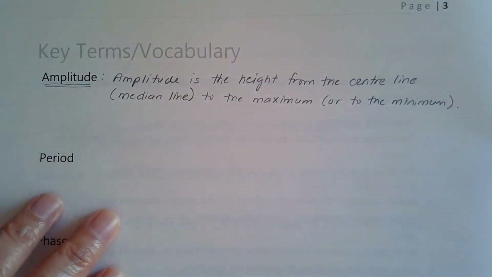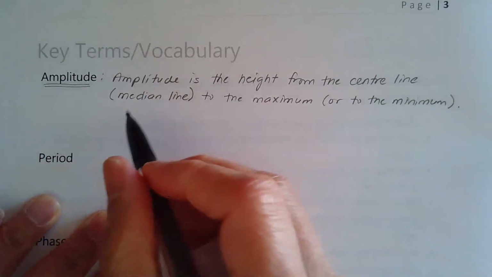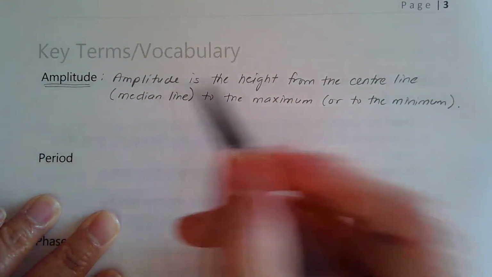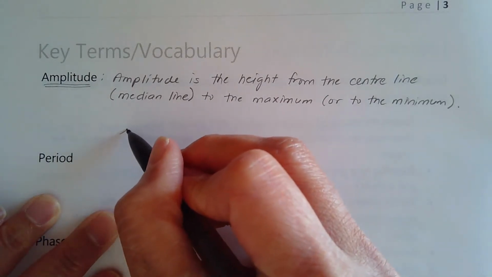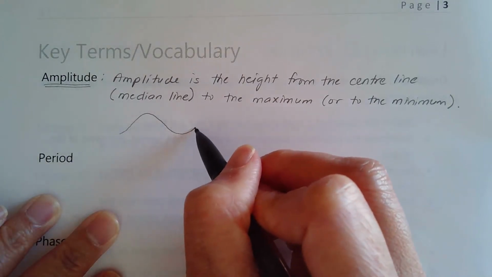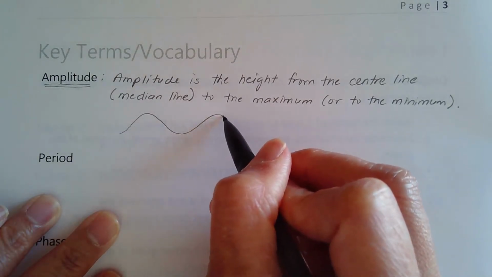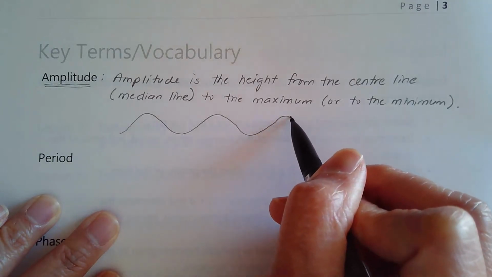I'm just going to draw a graph in here that we will see. This is the sinusoidal graph that we're going to talk about. It's a wave. When you think of a wave, it goes up and down, right? And it's a smooth curve.